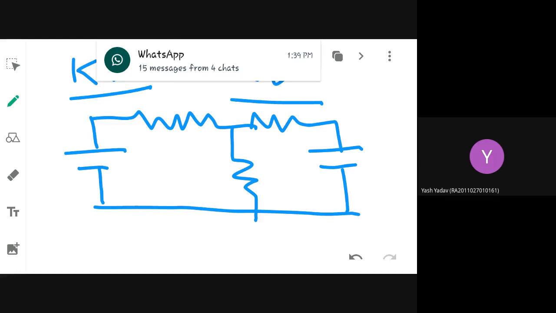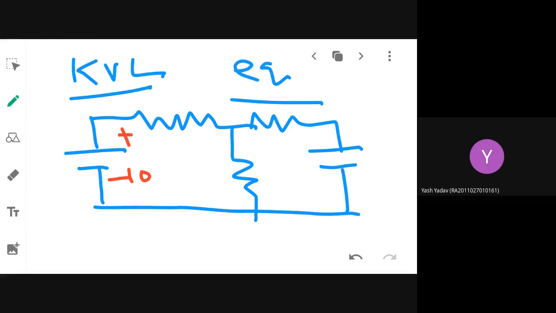Let this be 10 volts, plus minus. Let this be 330. All of you take down the diagram. This problem we will solve now. 220, 5 volts, plus minus. Have you taken down the diagram?